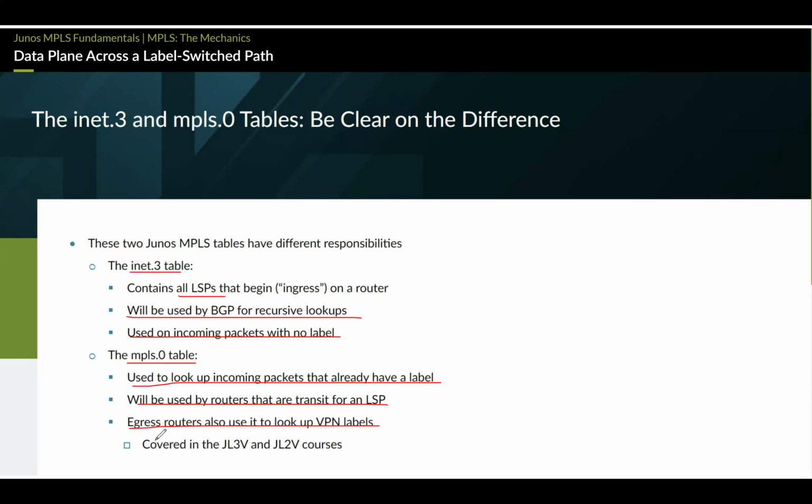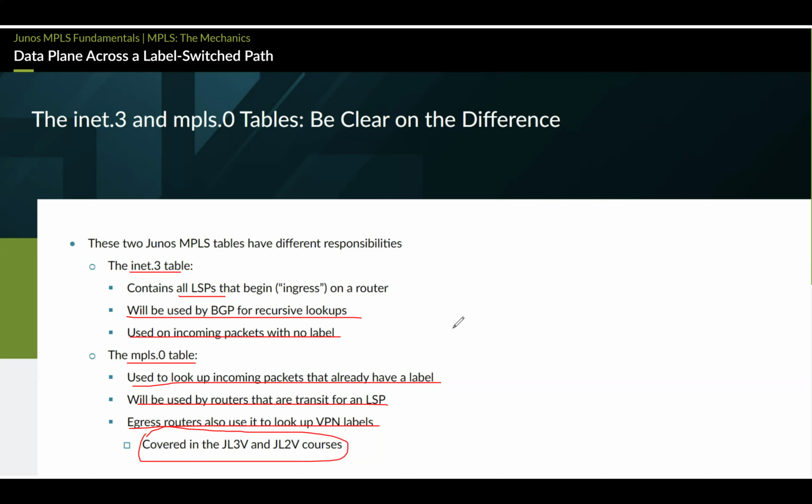When you configure MPLS L2 VPN or MPLS L3 VPN, we can show you the VPN labels, the function of the egress router, and how the egress router looks up VPN labels.